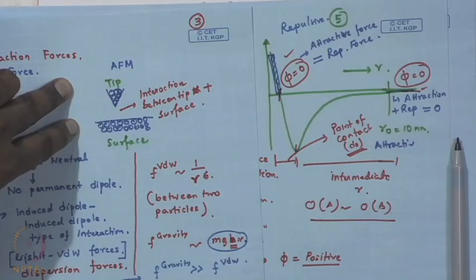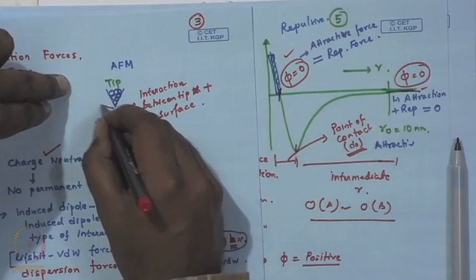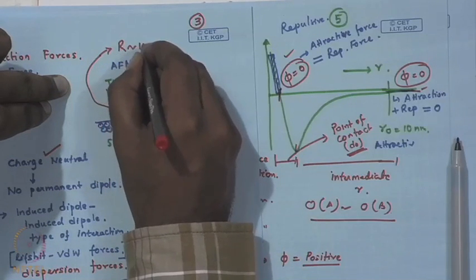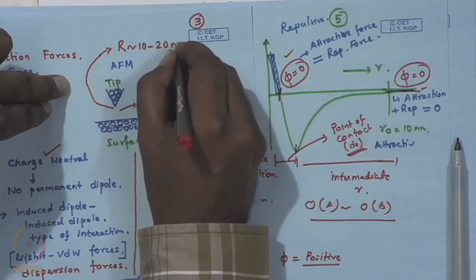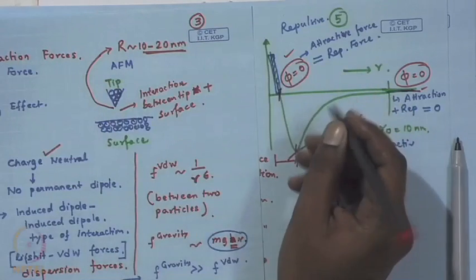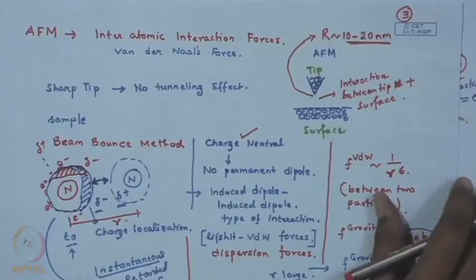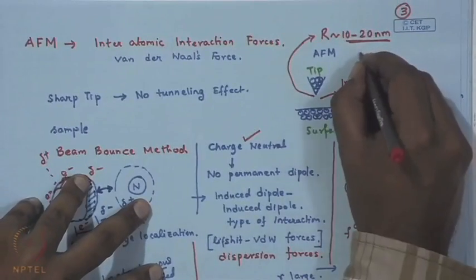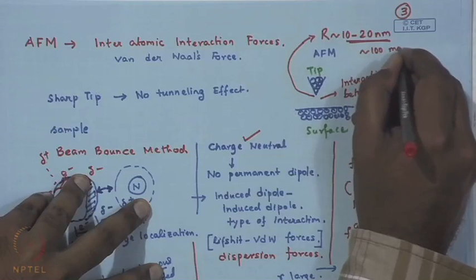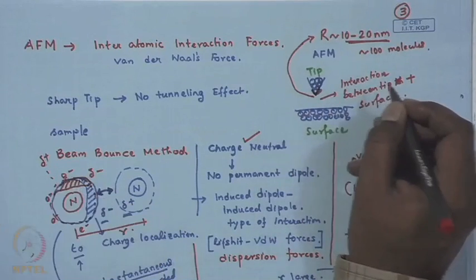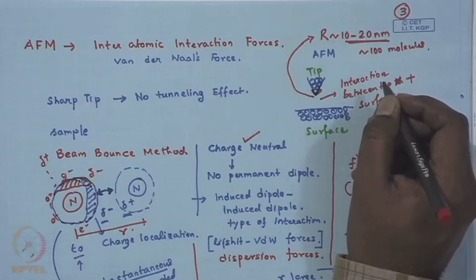One additional piece of information I am giving you right now: the tip is sharp, with a radius of curvature between 10 to 20 nanometer. Assuming an inorganic molecule has a size of roughly an angstrom, we are talking about roughly hundreds of molecules. So, the tip is not a single molecule at the end like an STM tip.